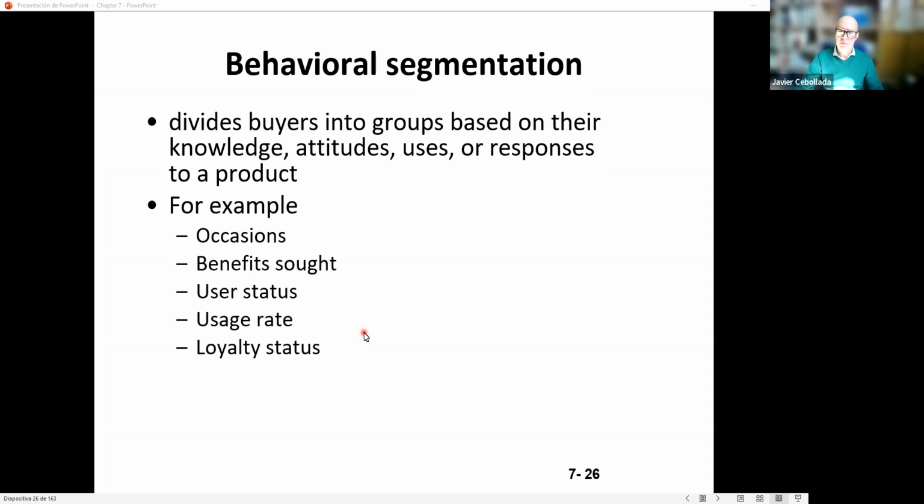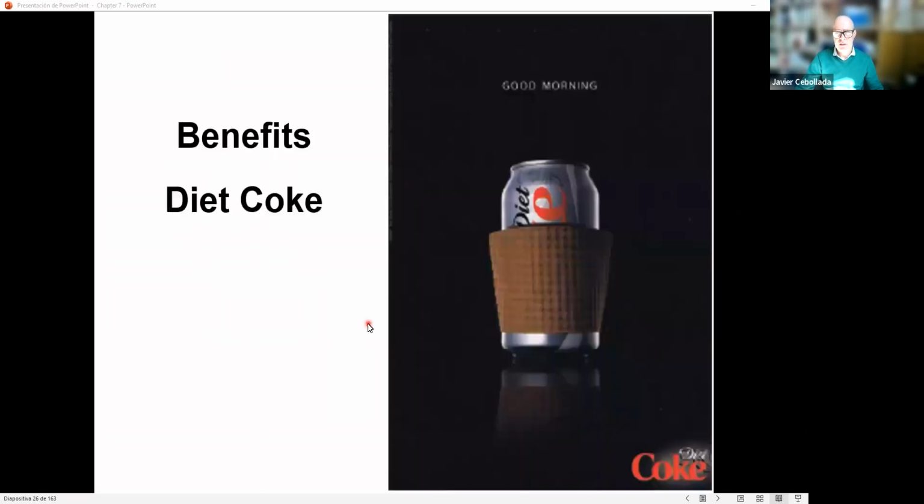Sometimes it's not easy to apply because companies do not have enough information about each of the customers. This is an example of benefits, in this case Diet Coke, and the main benefit is that it has no sugar, so it doesn't contribute to weight gain.